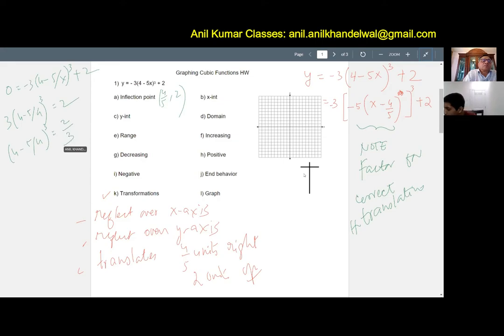Cube root of 2/3 minus 4 all over -5. So you've already done the calculation. Very good. So I have to solve for x here. What did you get? I got cube root of 2/3 minus 4 all over -5.